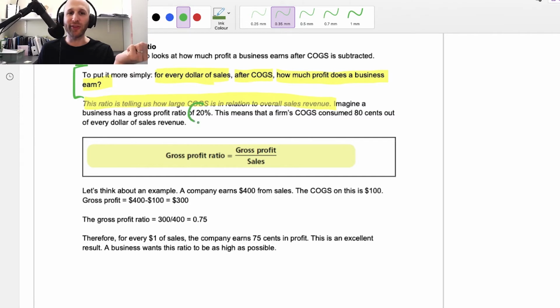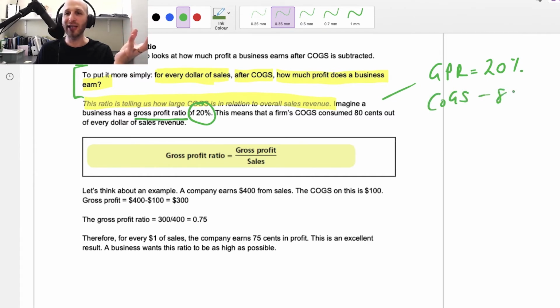So let's think about this. Let's say that the gross profit ratio is 20%. What that's telling us is that COGS here is taking 80% of revenue, and we might not be very happy with that. Why do I say this?